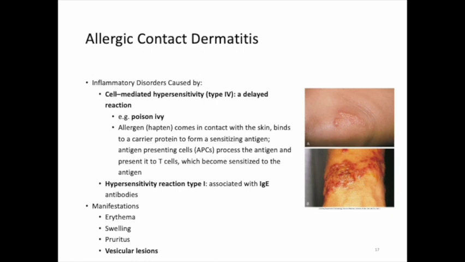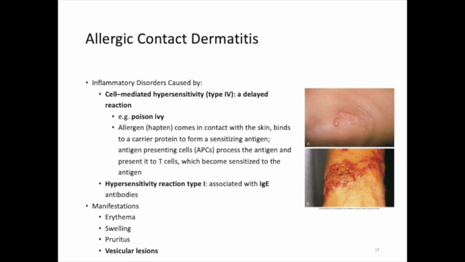But with contact dermatitis, this is a form of T cell mediated or delayed hypersensitivity type 4 response. And this is important and distinguishable. For instance, poison ivy would be a type of contact dermatitis. Some of us might be more sensitive to household detergents and skin products, and that would be a type of contact dermatitis as well.